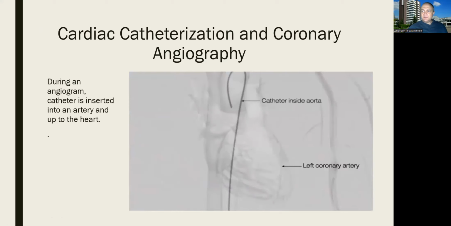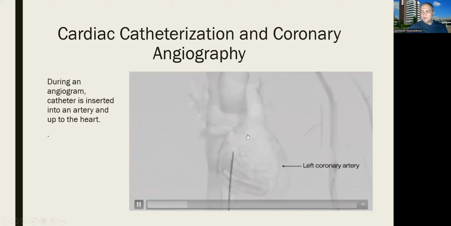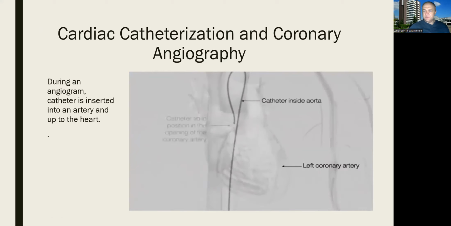So this is angiographic imaging. During an angiogram, a catheter is inserted into the artery and up to the heart, and you can see here the place where the catheter tip is positioned, and from this place we start to inject contrast dye.